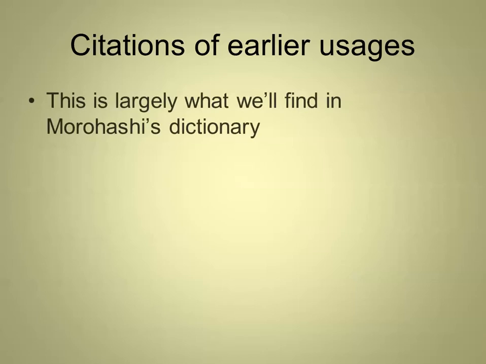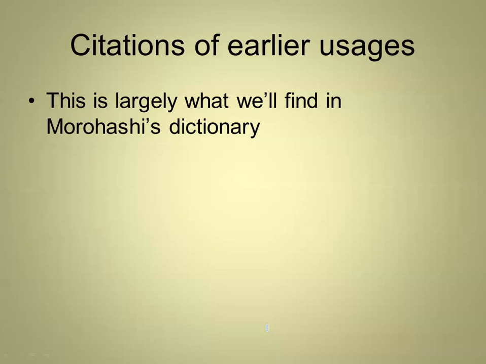The other thing that we might look for in an entry is citations of earlier usages. And when we take a look at Motohashi's dictionary next, you'll see examples of these sorts of earlier usages. And I was just pointing them out also in the Kangxi dictionary entry. So why have these citations of earlier usages? Well, you want to know who used what word in what way, because that helps you understand its definition.